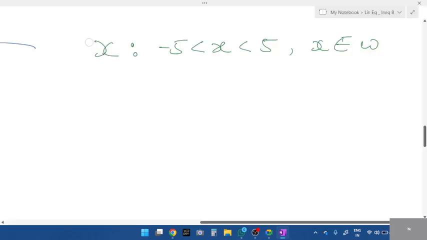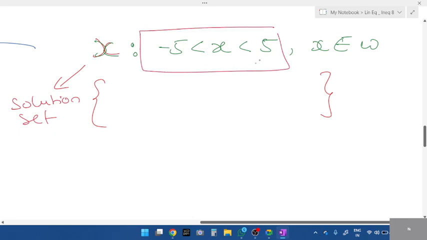How do you solve this question, students? X is nothing but the types of numbers. You have to open a bracket like this and write. Whatever answer you write, we call it the solution set. Now let us split this into two parts. -5 less than x.